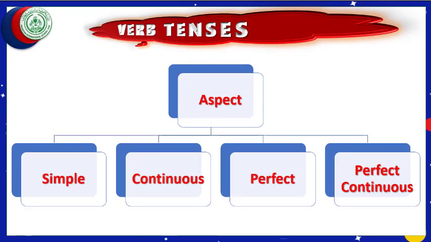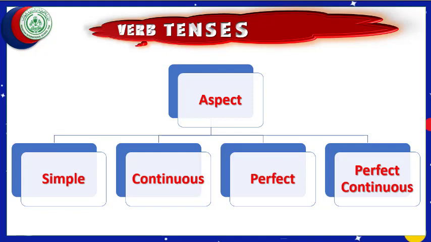What is aspect? Remember, each verb form has two parts. One is time, one is aspect. During the lesson, we shall try to memorize it also. What can be the time?